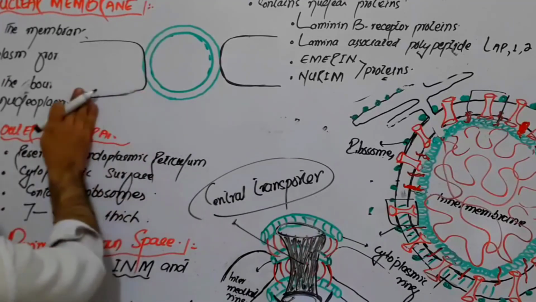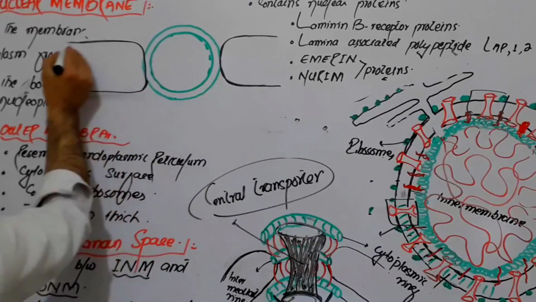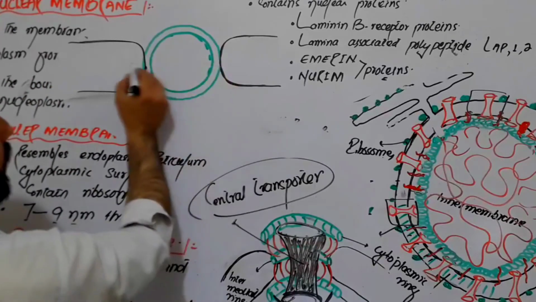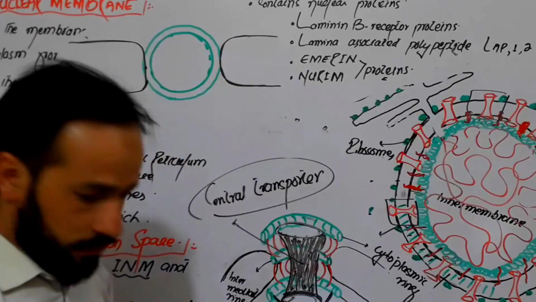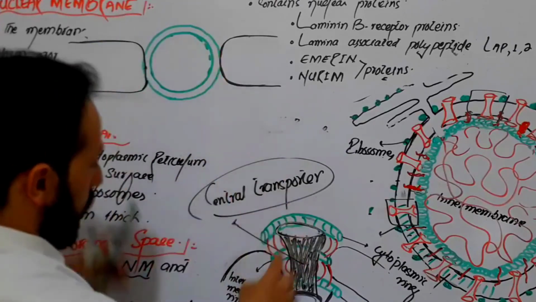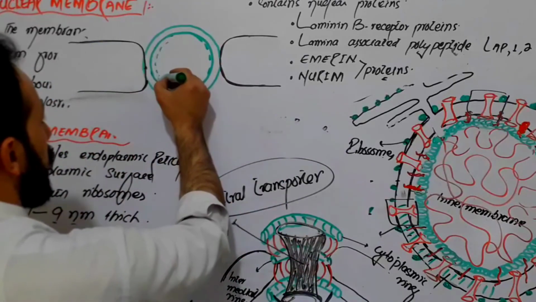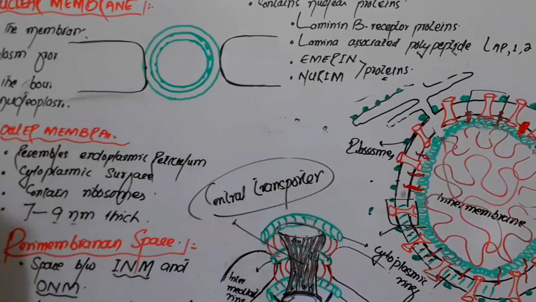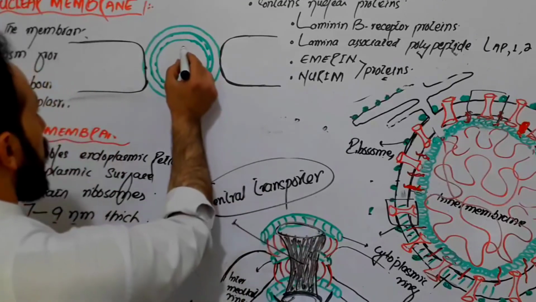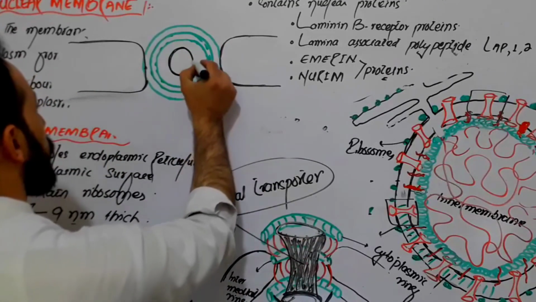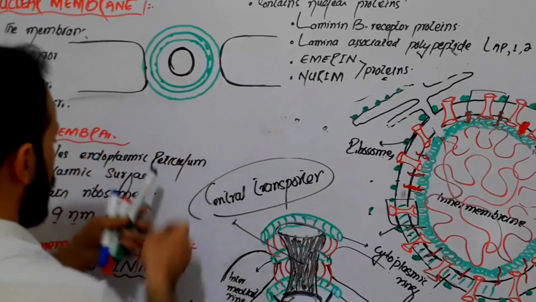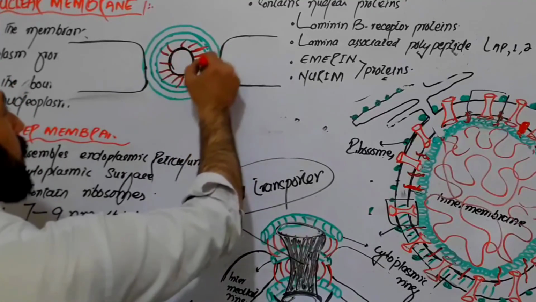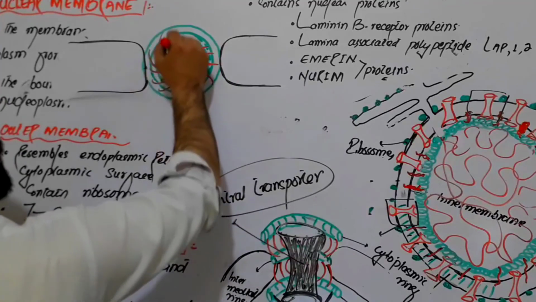This is the outer nuclear membrane and inner nuclear membrane, and this is the perinuclear space. The diameter from here up to here, I told you, is 800 angstrom. Then there will be the intermediate ring, and in the center there will be the central transporter. This is our central transporter, and then there will be the connecting proteins like this all over.